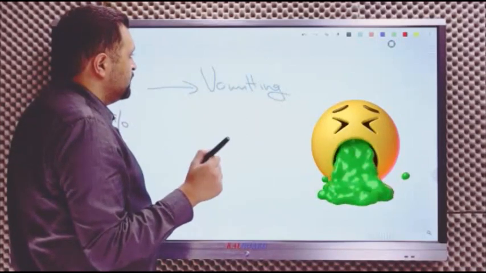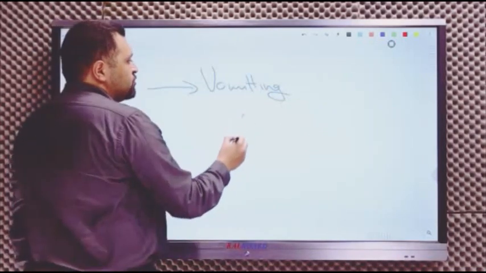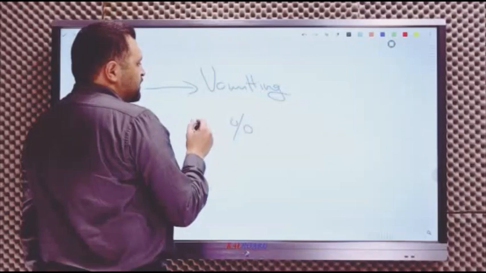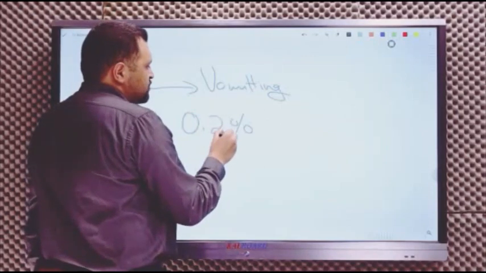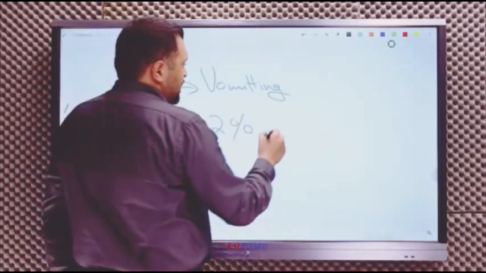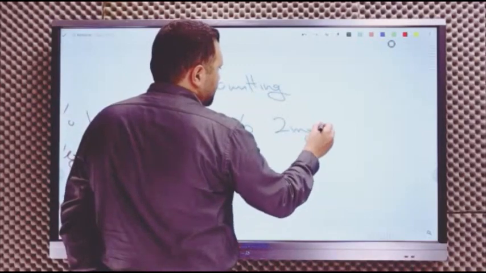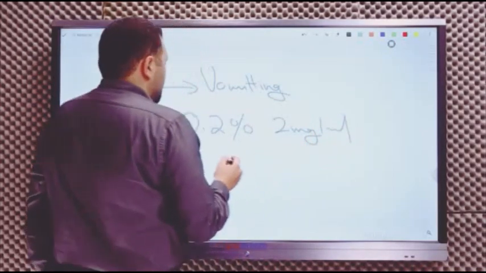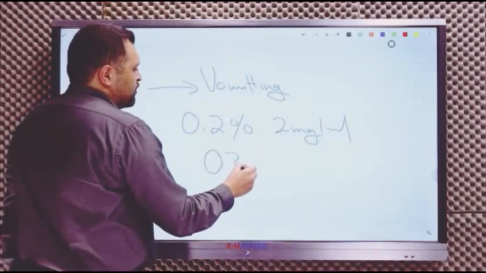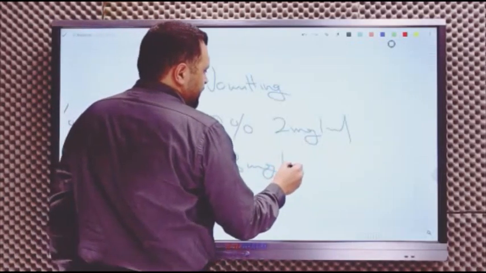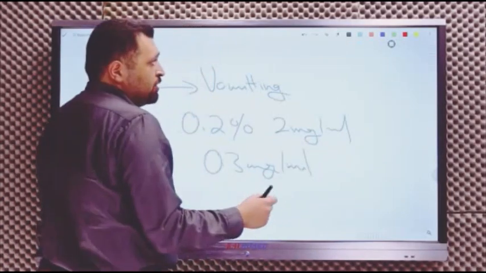Now, let's go to the concentration of the drug, it's 0.2%. So each ml has 2 milligrams, and the dose is 0.3 milligram per kilogram.